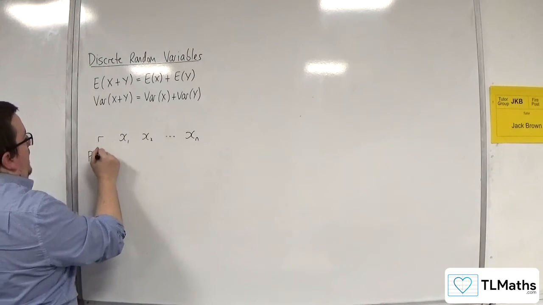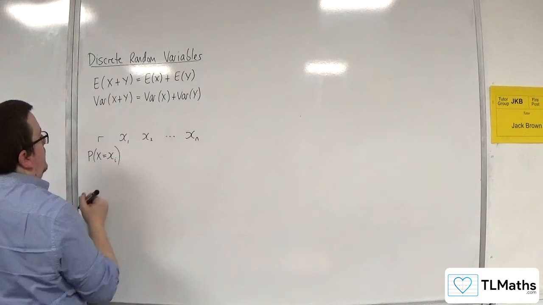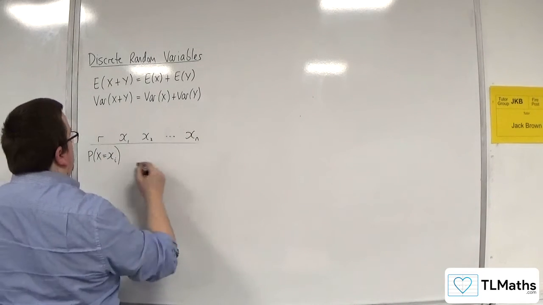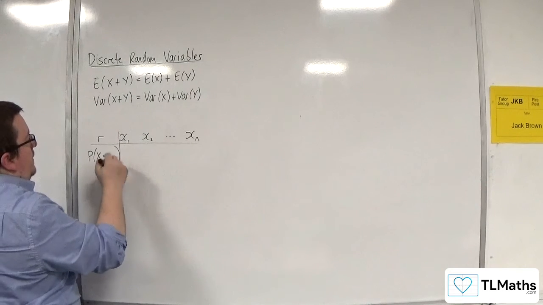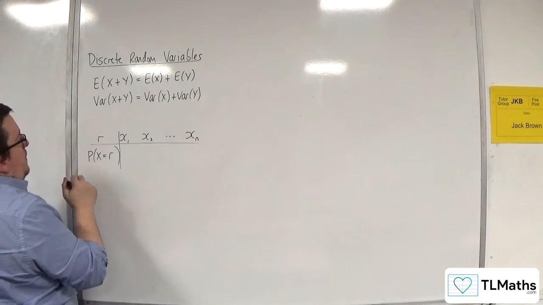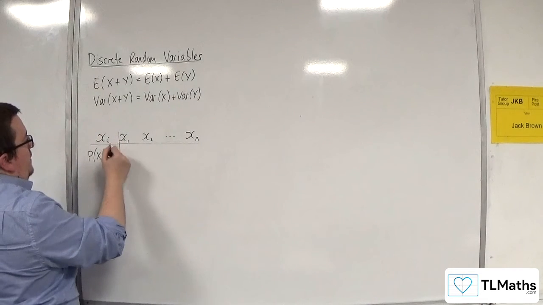And we have the probability of x being equal to xi. Okay, now you could write that as r if you like, okay? X is equal to r, but I'm just going to rewrite that as xi and xi there.